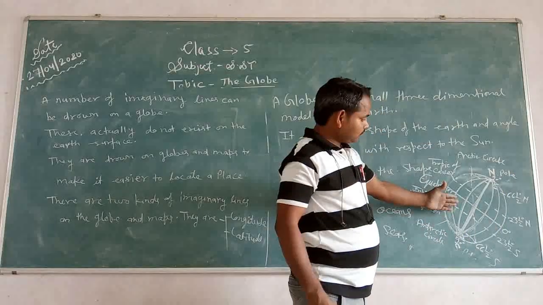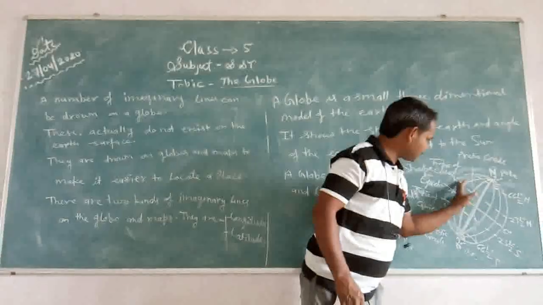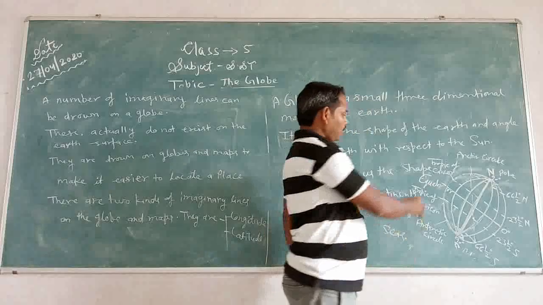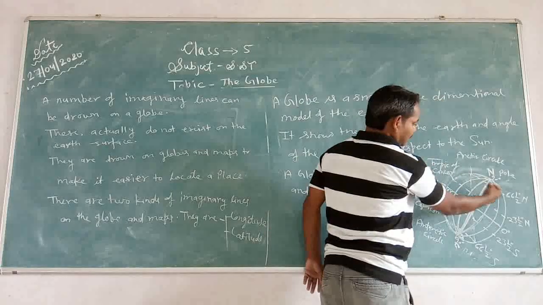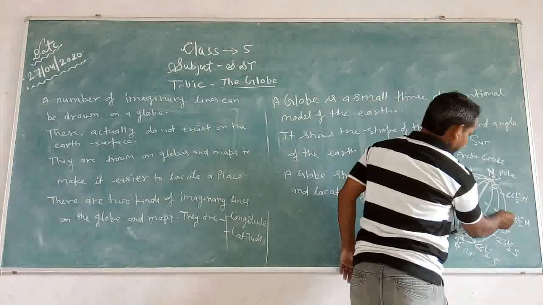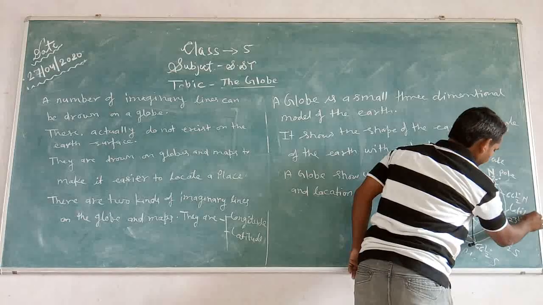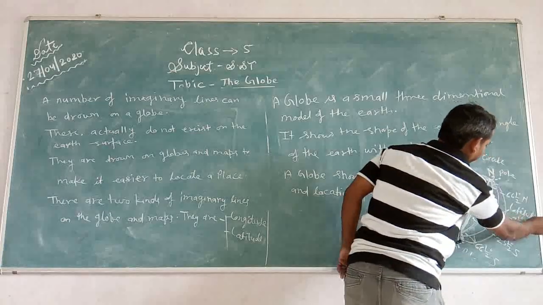These are horizontal lines on the globe, known as latitude lines. Latitude lines.